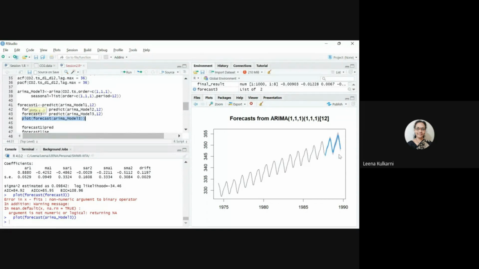It's going to plot it. This is the original time series and it shows you the forecast for the ARIMA model we have fitted for the CO2 data. The 12 is the seasonality that we have already mentioned. The period is 12 for the future values that are forecast.